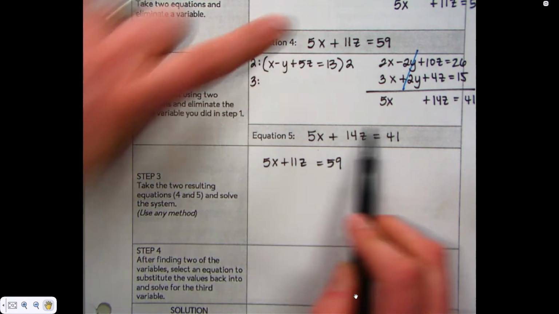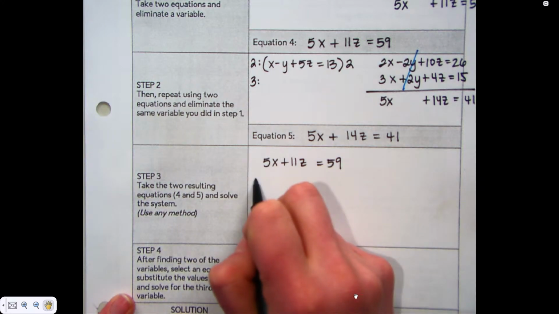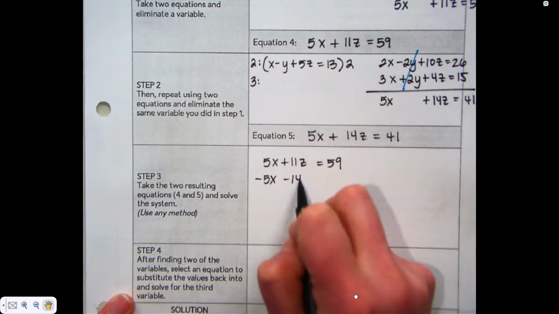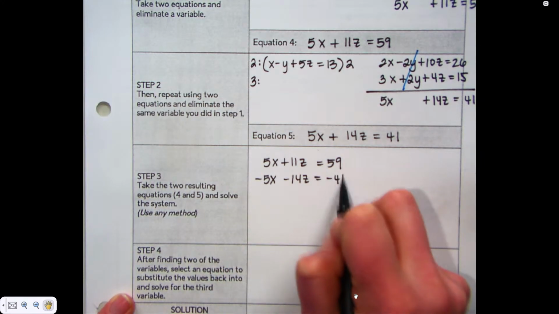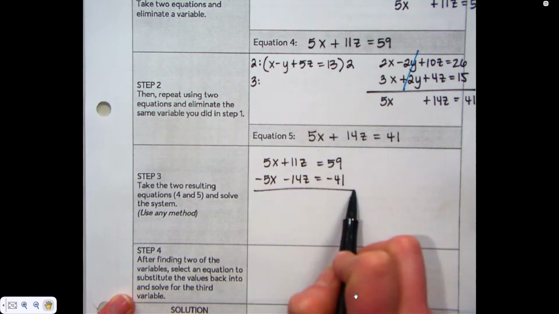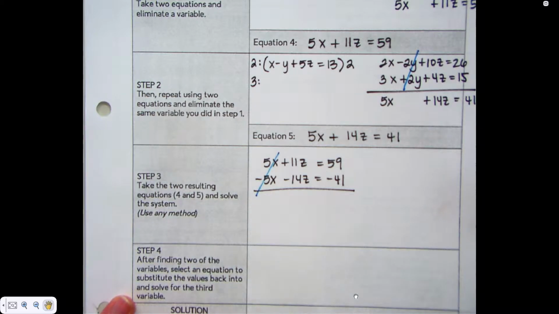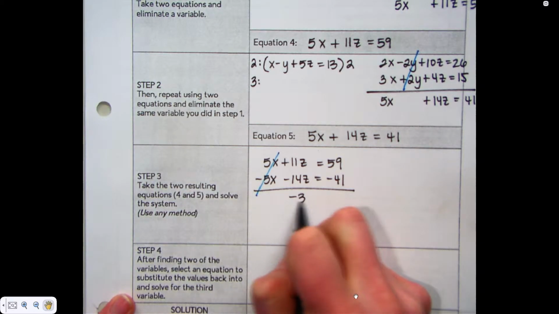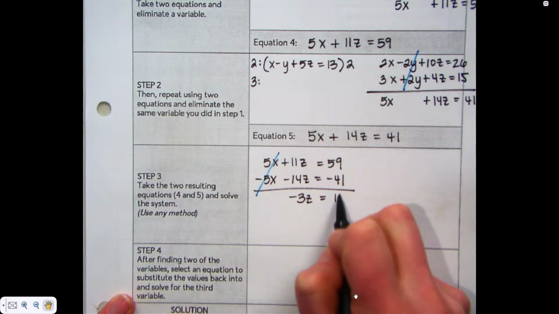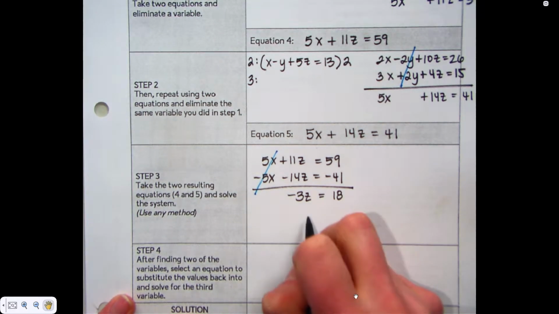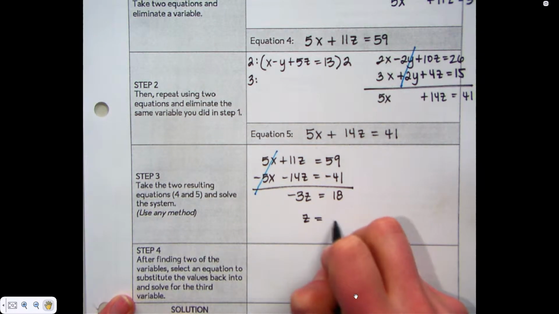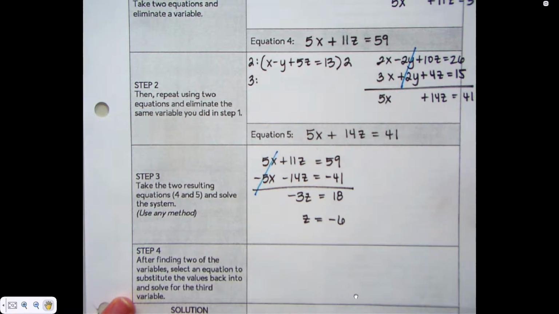Let's multiply this guy here by a negative 1. So minus 5x minus 14z and minus 41. Essentially, we're subtracting instead of adding. And what happens is that my x's will cancel. And I'll get minus 3z and 18. That means that z should be negative 6.